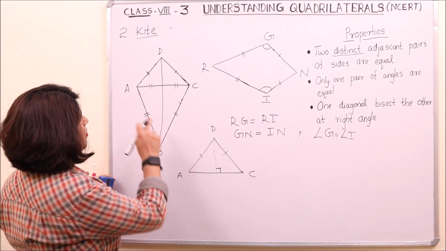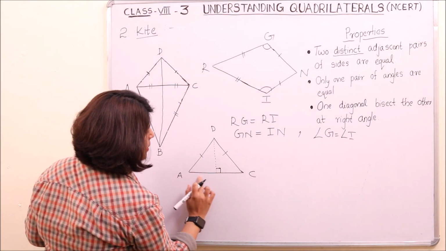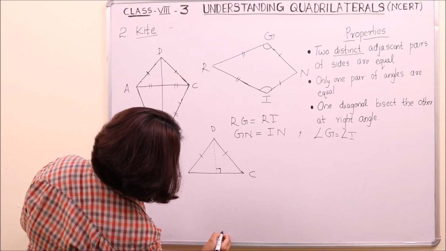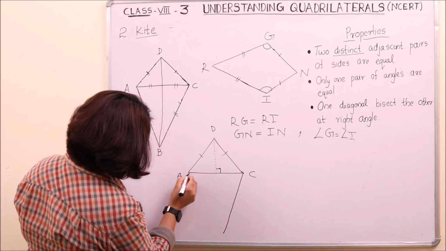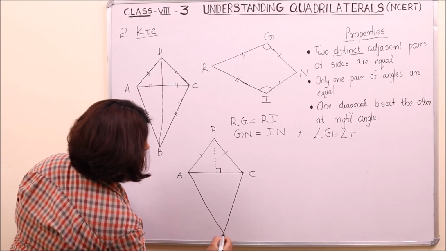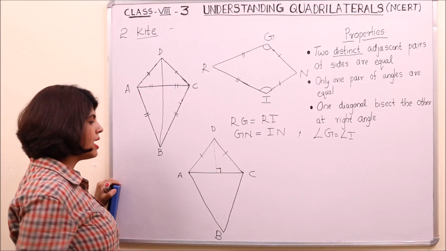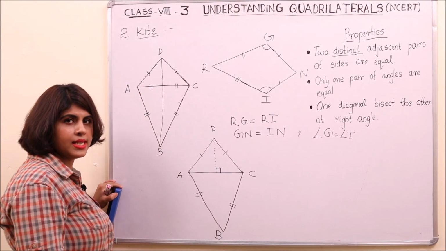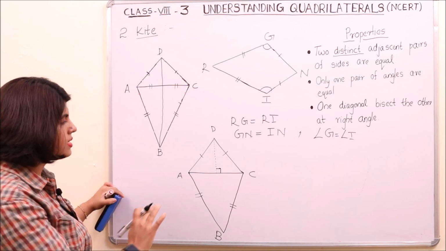Clear? And if we are considering this triangle ABC by keeping the base AC downward, then this vertex is B. Here this AB and CB are equal sides, right? The triangle ABC is again an isosceles triangle.